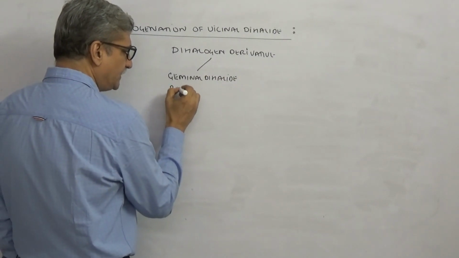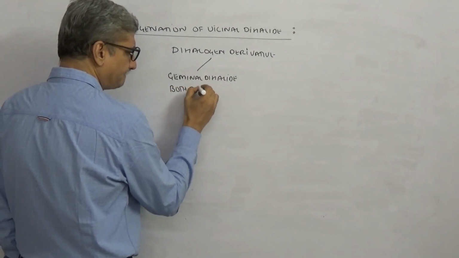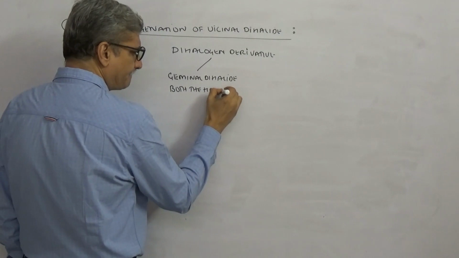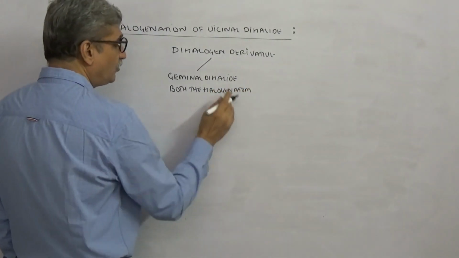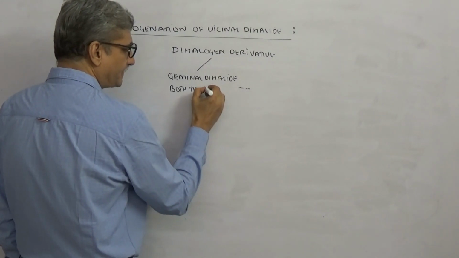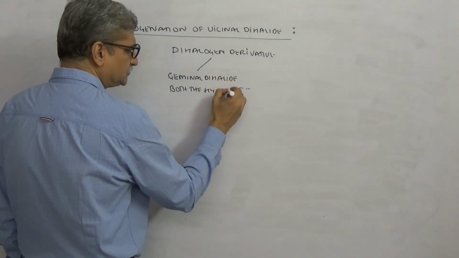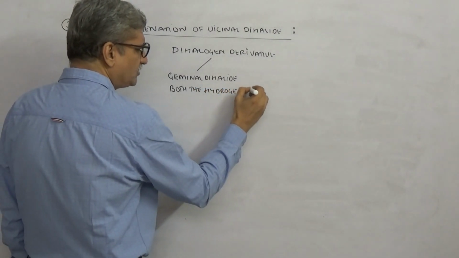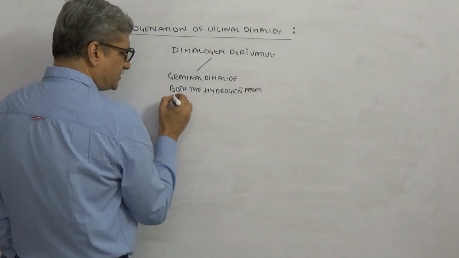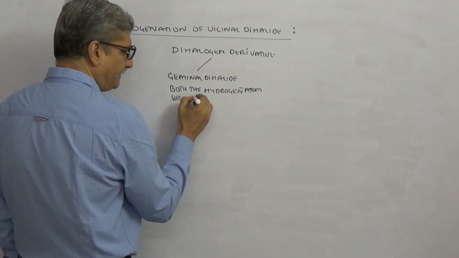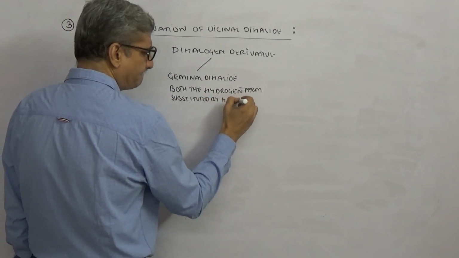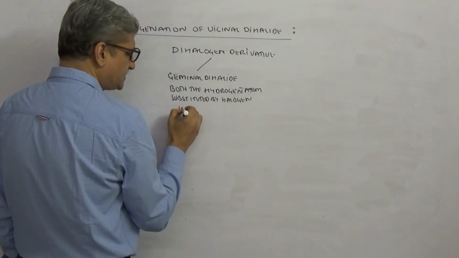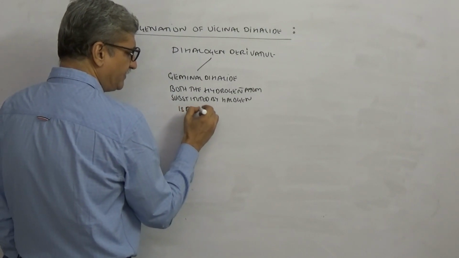Both the hydrogen atoms substituted by halogen are on the same carbon atom.